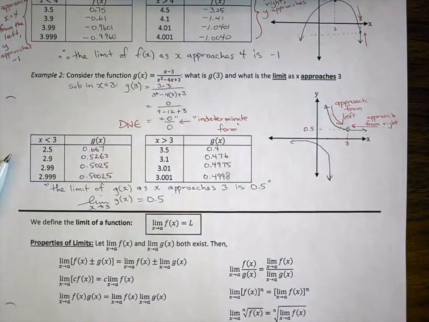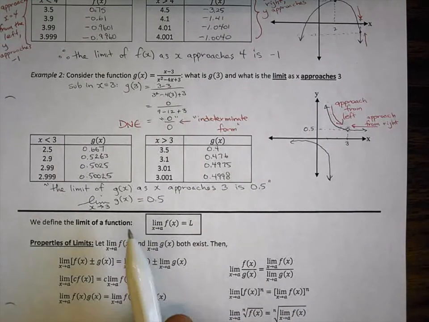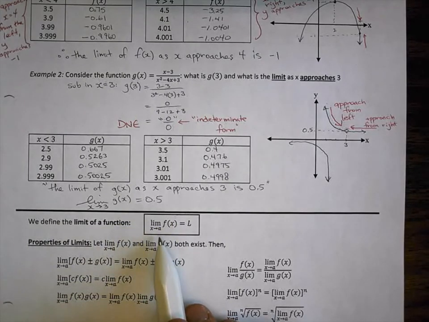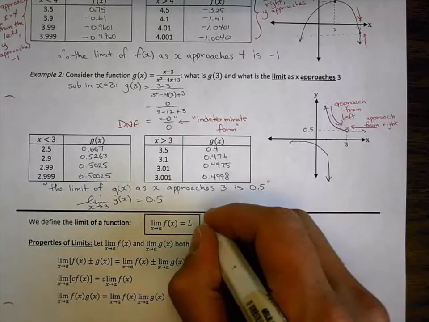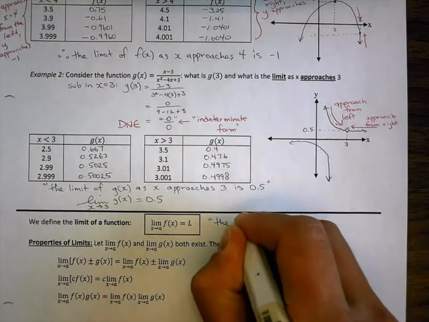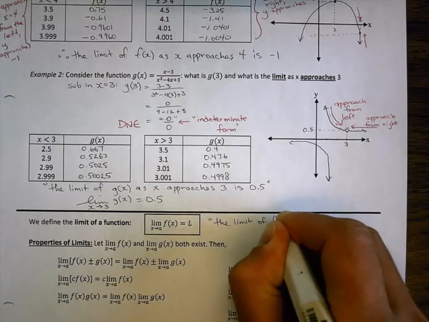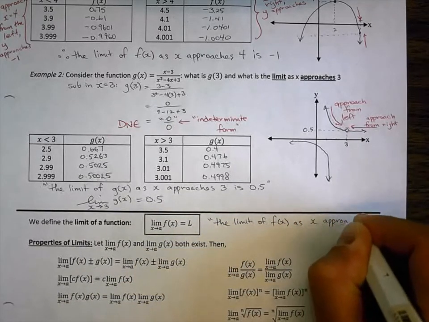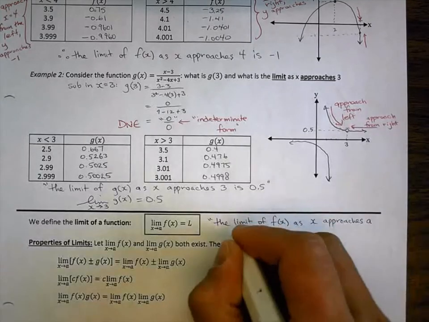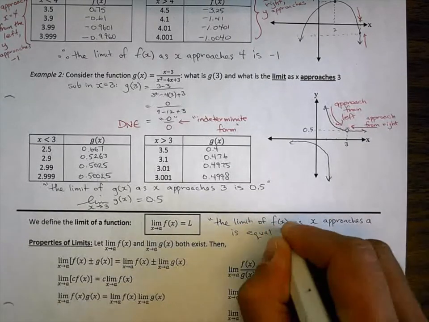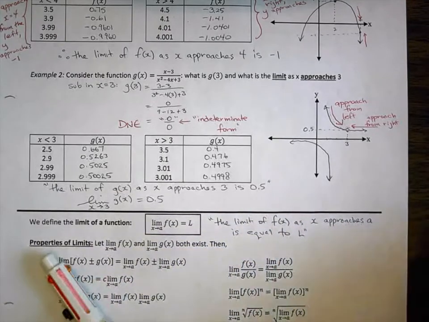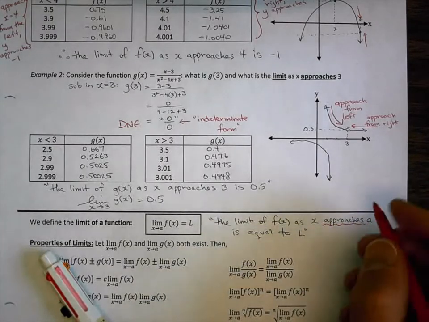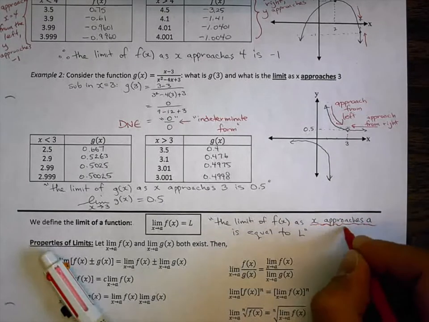Okay, so we define the limit of a function. The limit of a function as x approaches a is equal to L. Let's write that out one more time. The limit of f of x as x approaches a is equal to L, to the number L. Remember, this word approaches is fundamental to calculus and to limits.